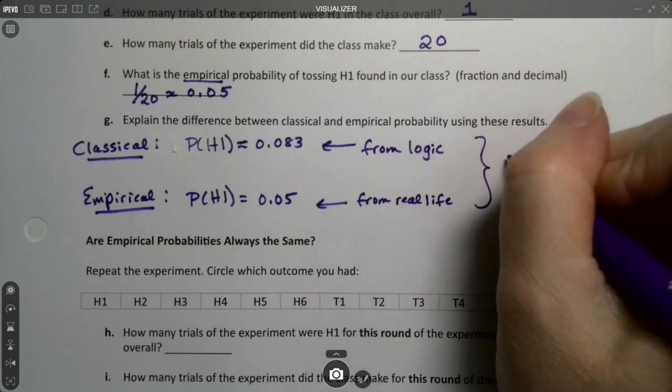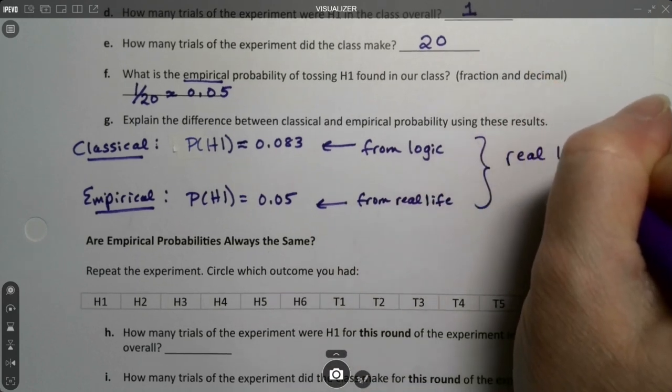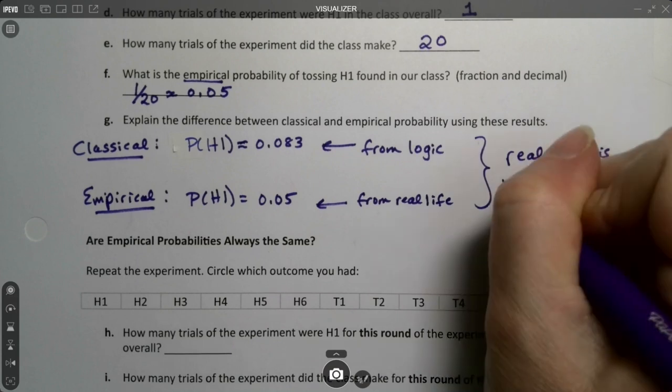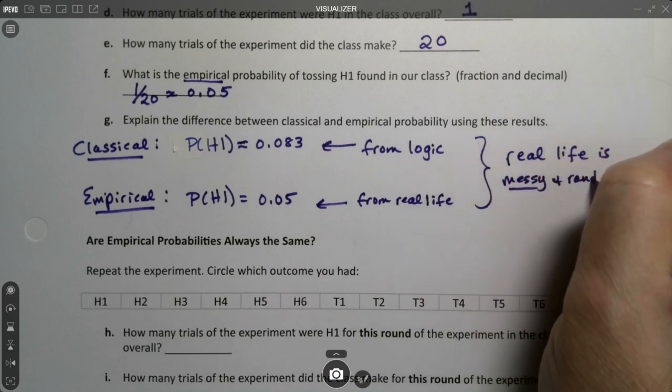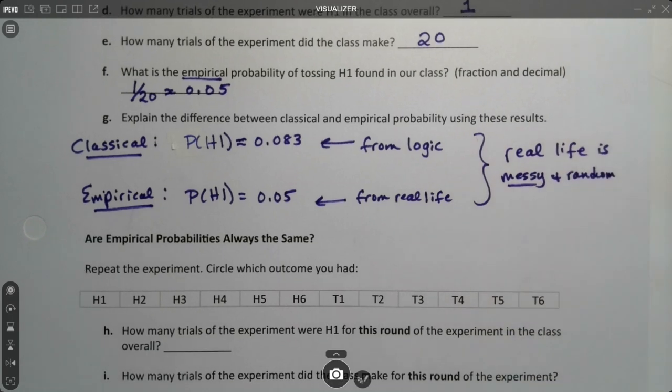Real life is messy and random. Real life just, it's messy, it's random. It doesn't work out the way that we think logically it should every time.